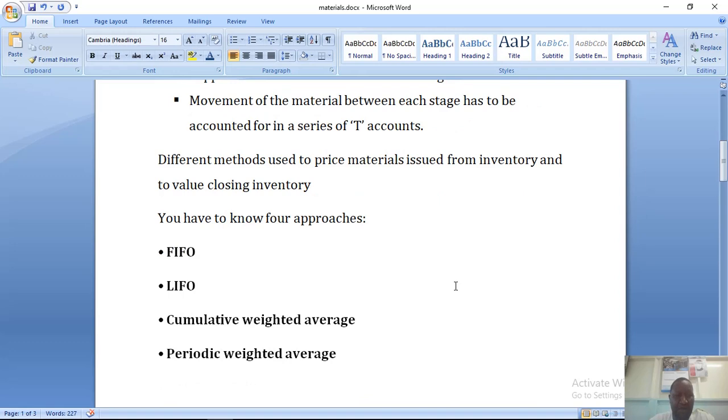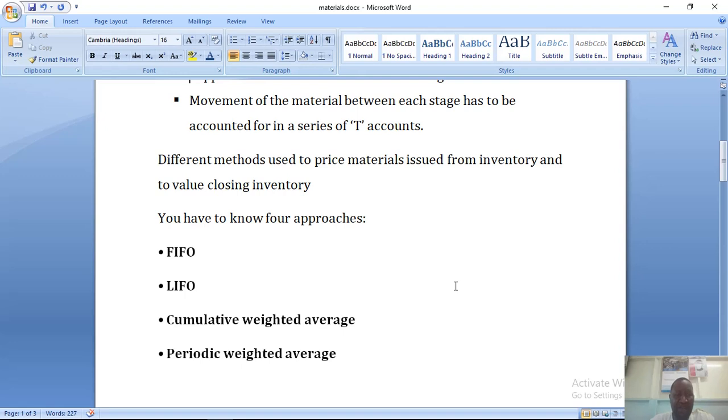Amongst the following methods, we've got FIFO. FIFO means first in, first out. So the FIFO method assumes that the materials that arrive first are the first to be used.